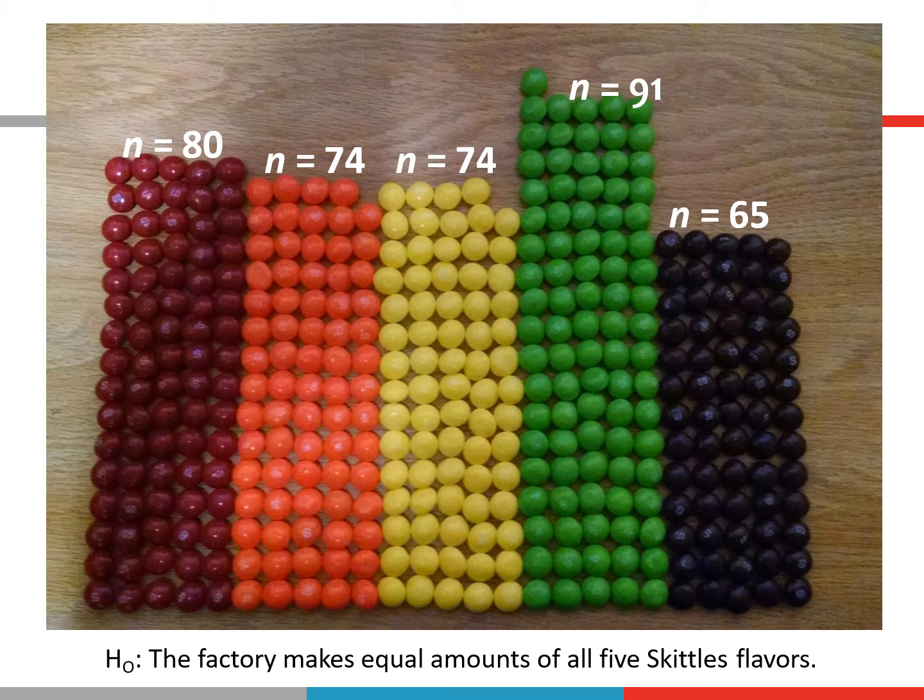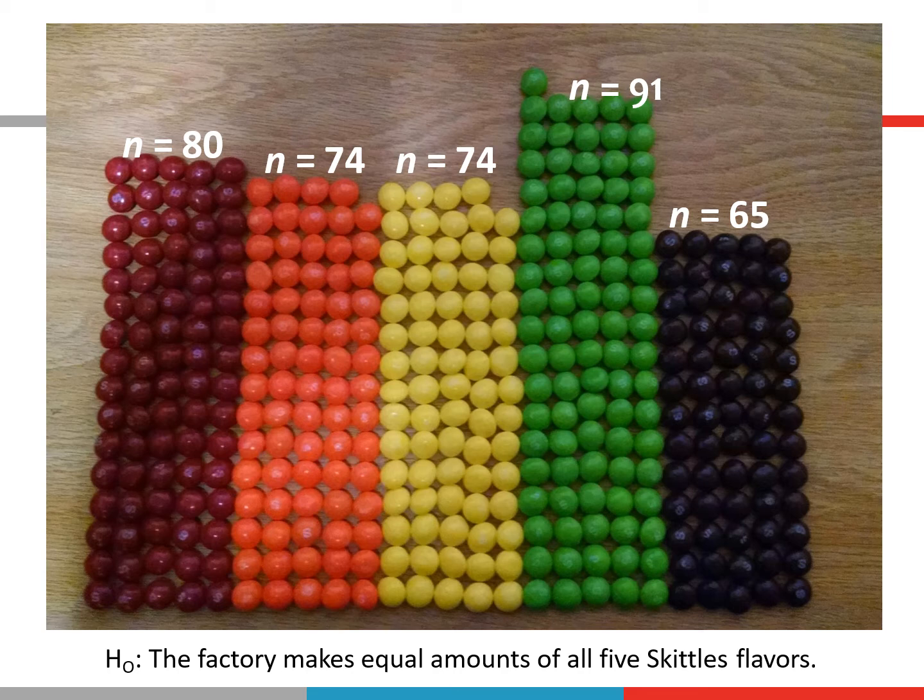These are all the Skittles found in one of the big bags of Skittles, and indicated here is the number of each flavor observed in this particular bag. So we have, for example, 80 red Skittles, 74 orange, 74 yellow, 91 green, and 65 grape, or purple.